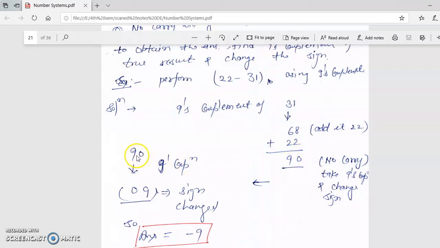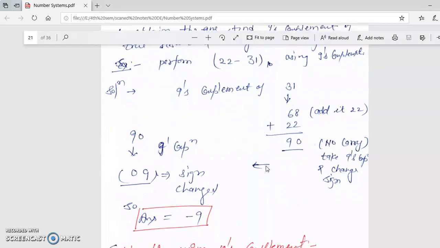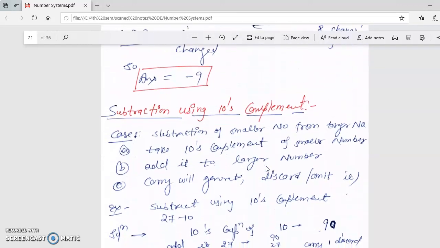We get the ninth complement of 90 is 9 minus 0 is 9, and 9 minus 9 is 0, means 09, means sign is also changed, so that answer is minus 9. So for this 22 minus 31, we get the minus 9 in normal way and using ninth complement. Okay students, that is also clear.